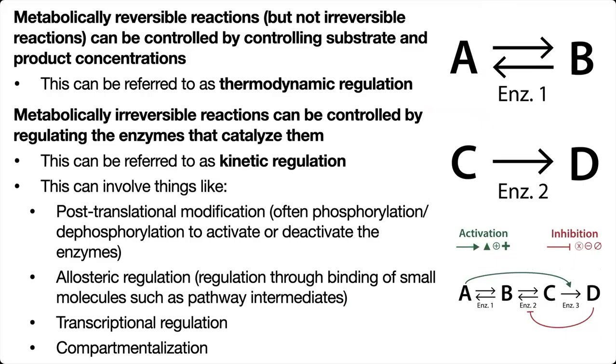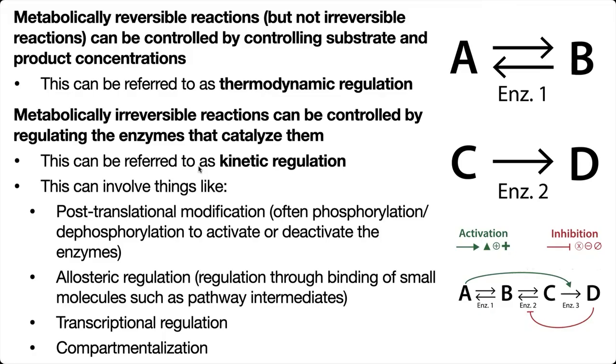We'll talk a lot more about regulation in future lessons. And so for now, I just want you to know thermodynamic regulation, where we're regulating things based on changing concentrations of products and reactants, versus kinetic regulation, where we're regulating enzymes. And we can be doing things like activating enzymes or inhibiting enzymes.